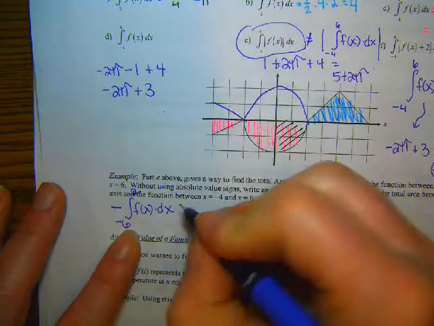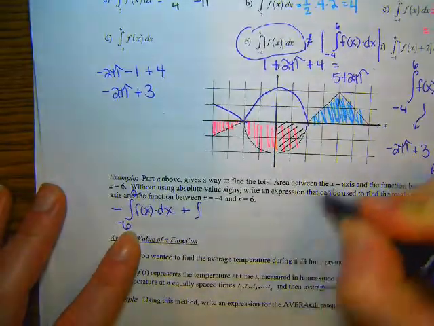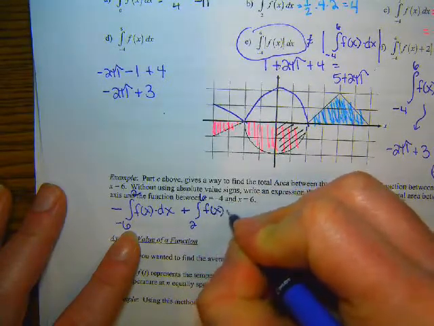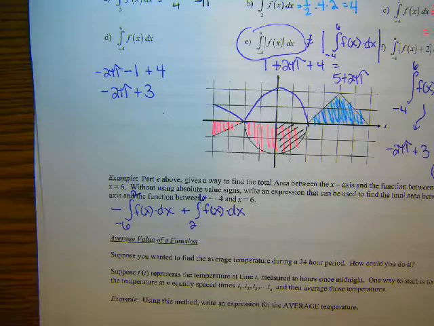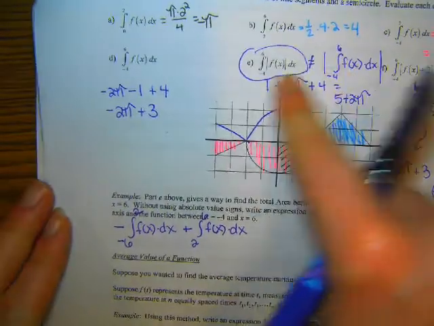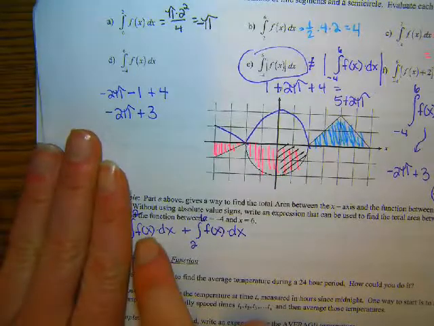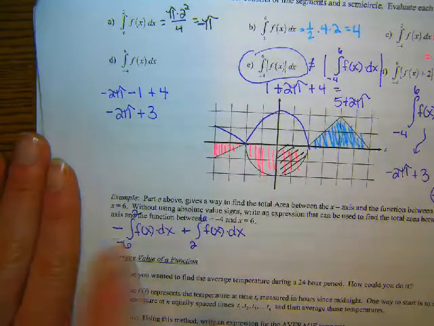And then I would have to add it to the integral from 2 to 6 of f of x dx. I'm asking you to redo this without using an absolute value sign. So what we could do is evaluate this integral because we said it was negative, make it positive by taking the opposite.